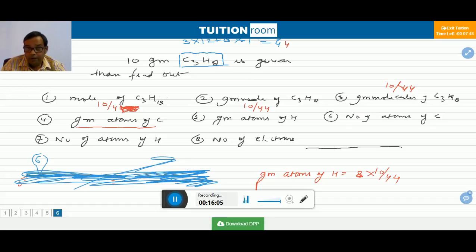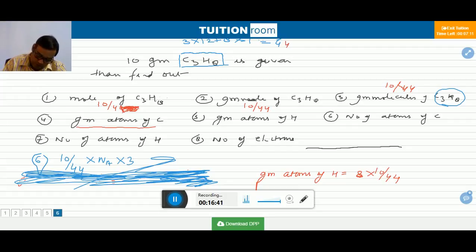Number of atoms of carbon. You remember, first we have to define the number of molecules. So number of molecules is how much? This is 10 by 44, mole into Avogadro number. This is number of molecules of propane. In propane, how many carbon atoms are there? In a single molecule, how many carbons are there? So 3. So into 3. This is the sixth part.